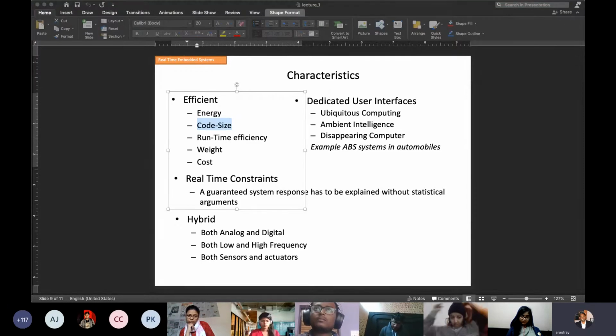What is von Neumann architecture? It is input output, then the CPU or the processor, then the memory. These are the important parts, and this is called the von Neumann architecture for modern computers.